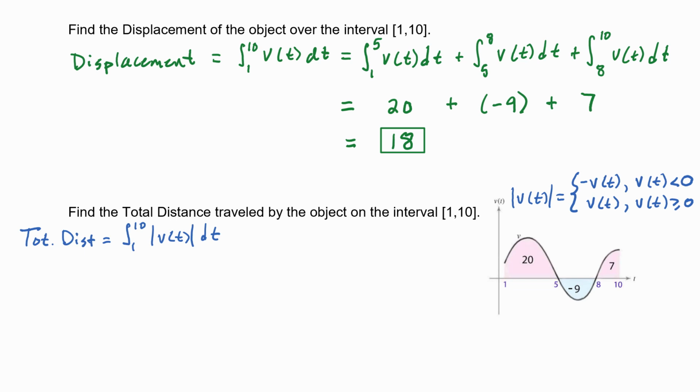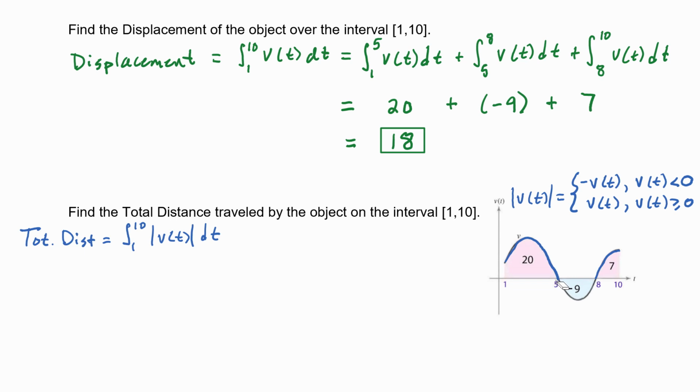Now on this graph, we have sections where the velocity is definitely greater than or equal to 0. And that happens on this piece here from 1 to 5. And it also happens on this piece here from 8 to 10. So for those two sections, the absolute value of v of t is just equal to v of t.